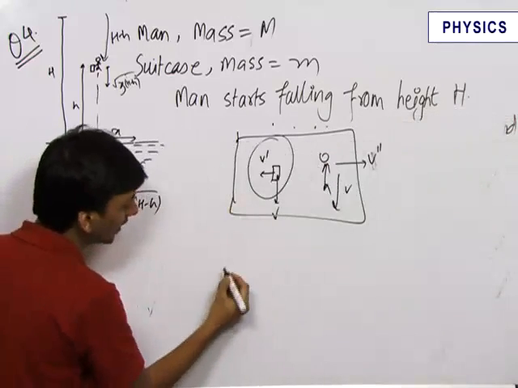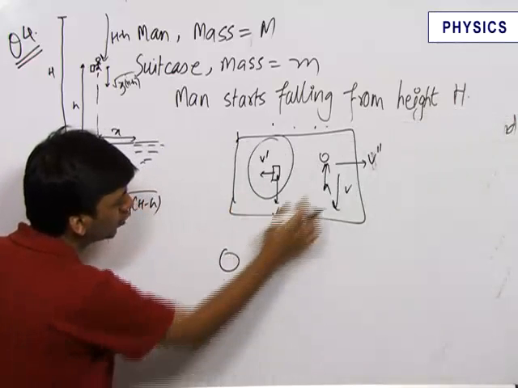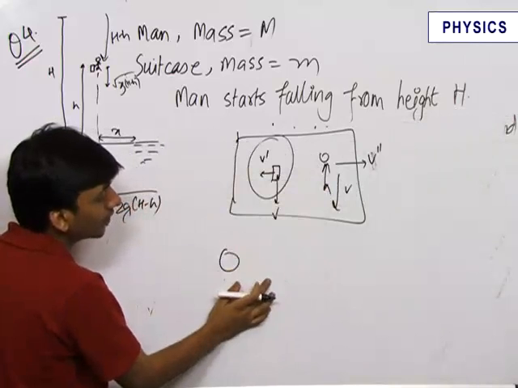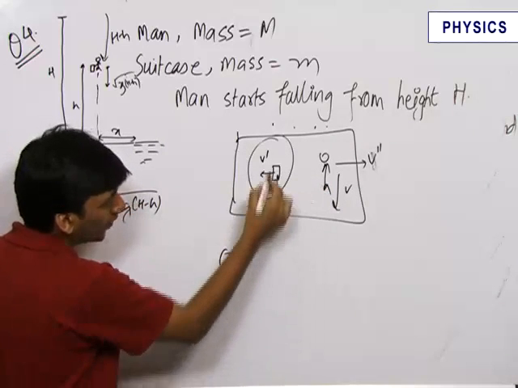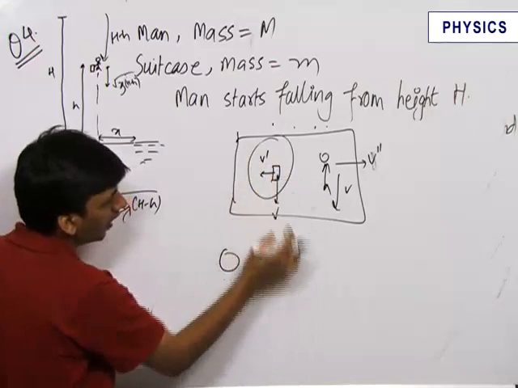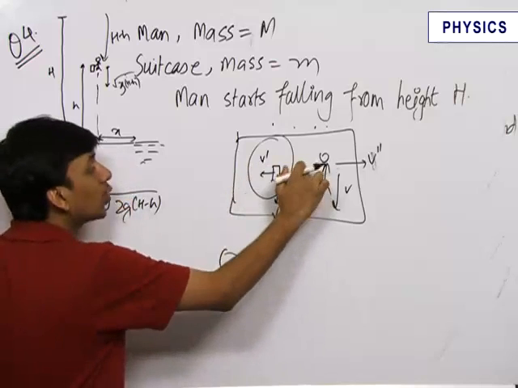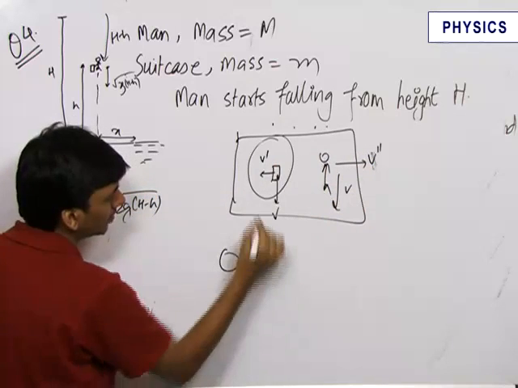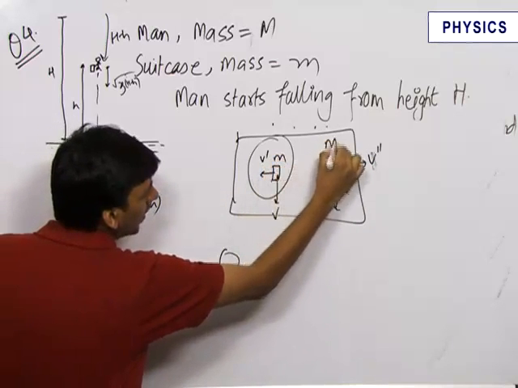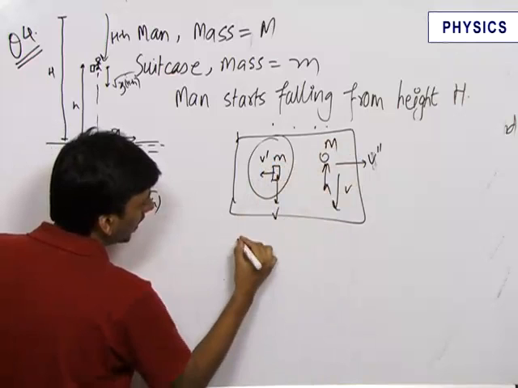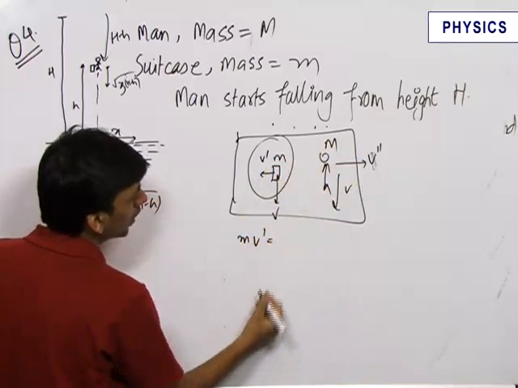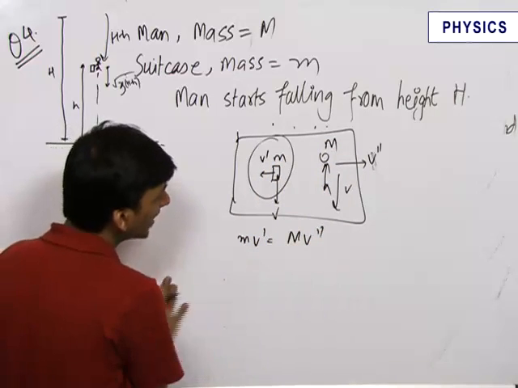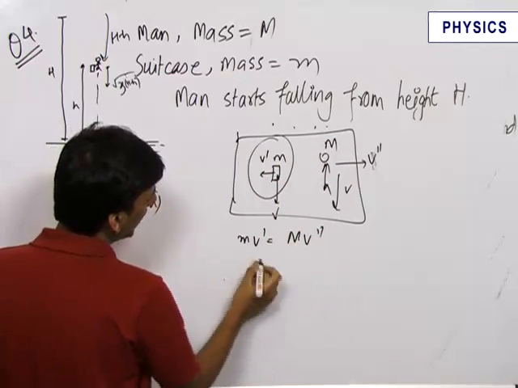Initially they were falling in the vertical direction, so the initial momentum of these two in the horizontal direction was 0. So the final momentum has to be 0 again. So when the bag was imparted a velocity in the left direction, the man acquired a velocity in the right direction so as to balance the momentum. The bag is of mass m and the man is of mass m, so we get mv dash is equal to mv double dash. So we get a relation between v dash and v double dash.